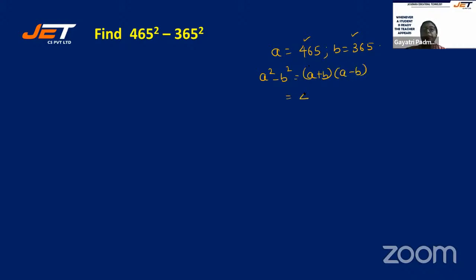What is a plus b? 465 plus 365 into, dot means into, 465 minus 365. Okay. Right. So add it up. 5 2s are 10, 6 2s are 12 plus 1, 13. 4 2s are 8. Okay. Into what is 465 minus 365? 5 minus 5, 0, 0, 1. So 830, 83,000.